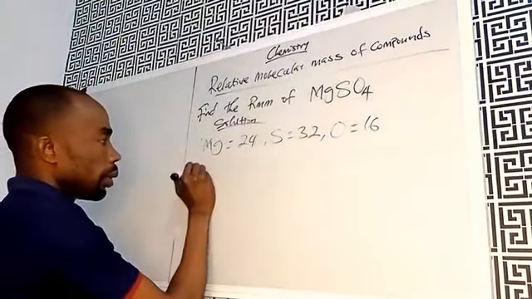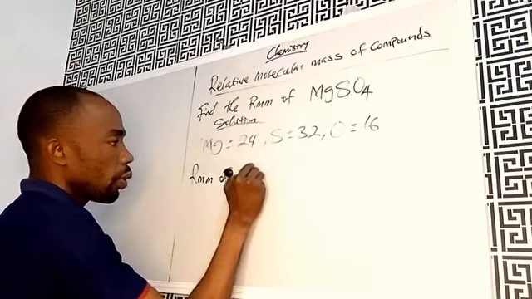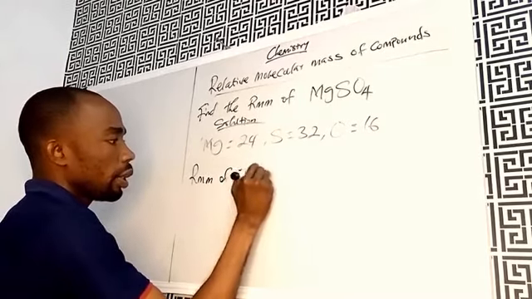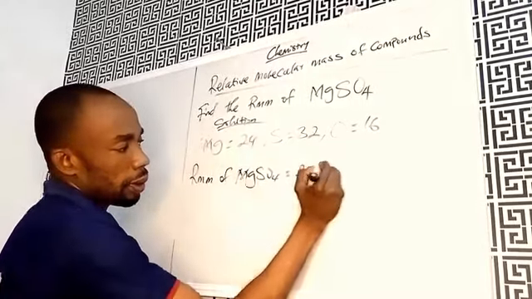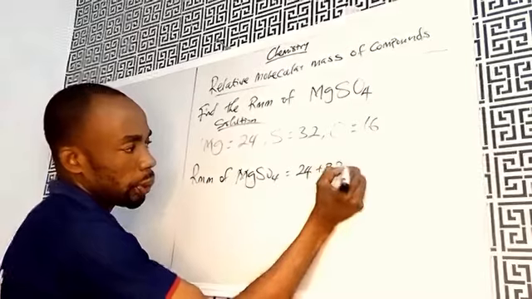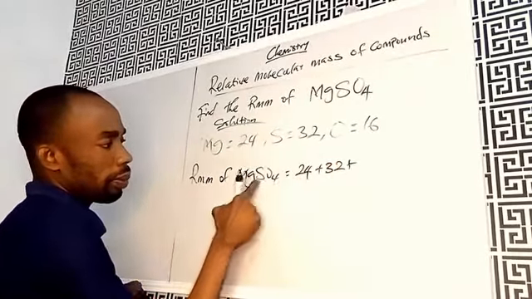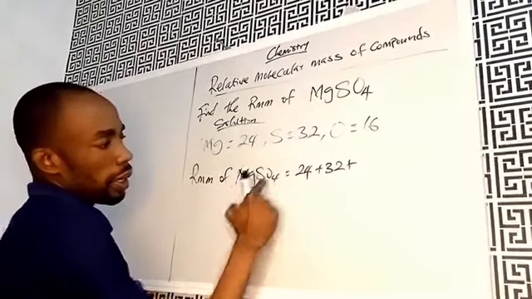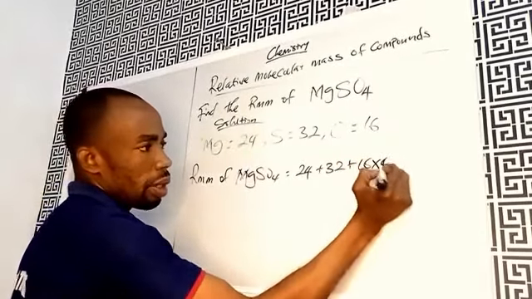All right, let's go. So we say RMM of MgSO4 is equal to 24 plus 32 plus, right? That's 24 for magnesium, 32 for sulfur. Then oxygen is now 4 in number, so it's going to be 16 times 4.